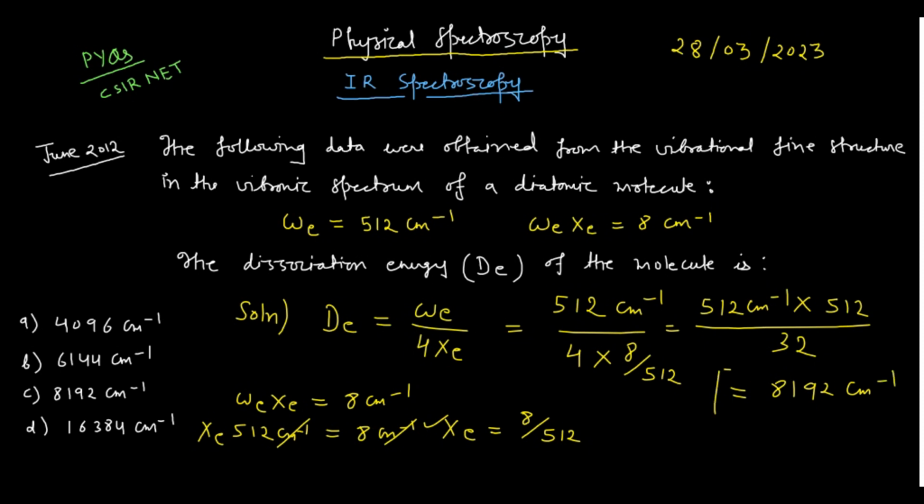This is your answer, because I have already calculated this value, so I am not doing the calculations here. If you check this, my option C is the correct option. So this is how you can solve this easy problem. The only thing is that you should remember the formula. If you don't remember the formula, then it would be very difficult for you to solve.